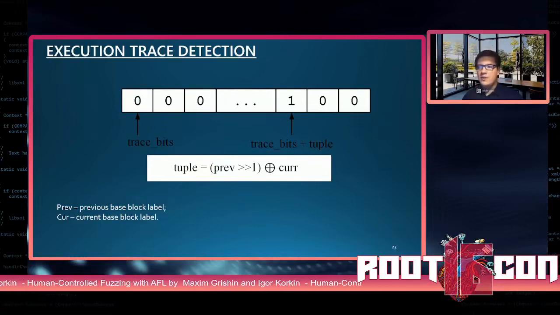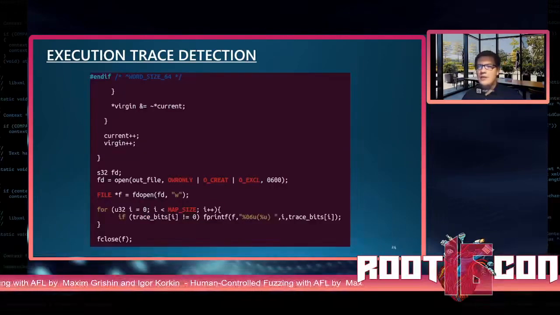AFL uses a special array in which one label corresponds to the address label of the tuple in the trace. To detect the trace, we instrumented the hasNewBits function, which updates the trace bits array at each iteration.